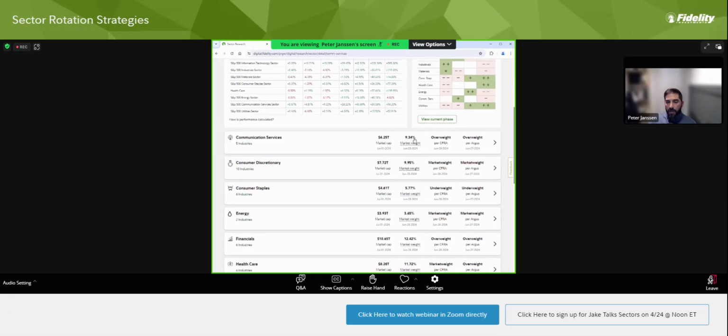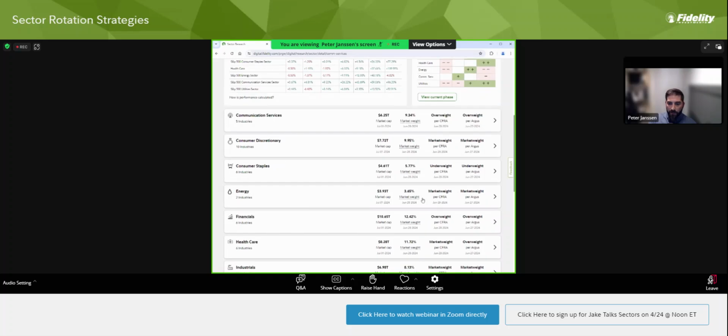This is that snapshot we had seen previously when we were looking at the market cap, at what those market weights were, as well as whether they are overweighting, market weighting, or underweighting, as of maybe just a week ago or so at this point in time, which are updated pretty frequently, as you can tell.